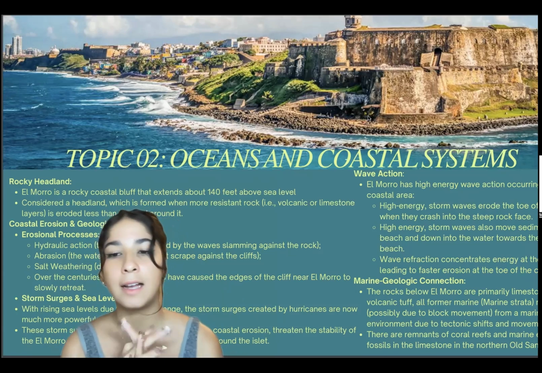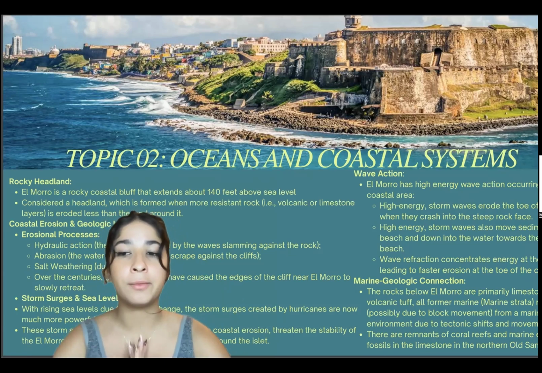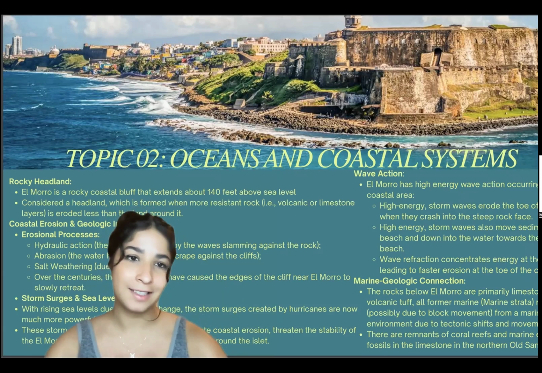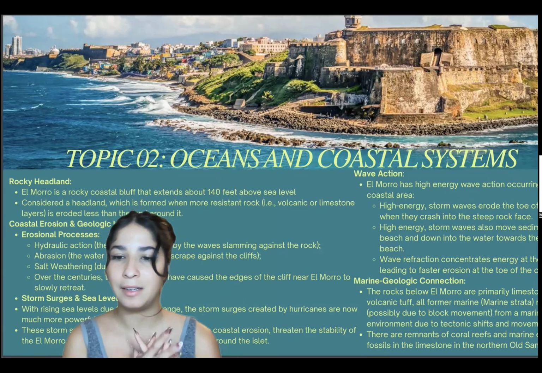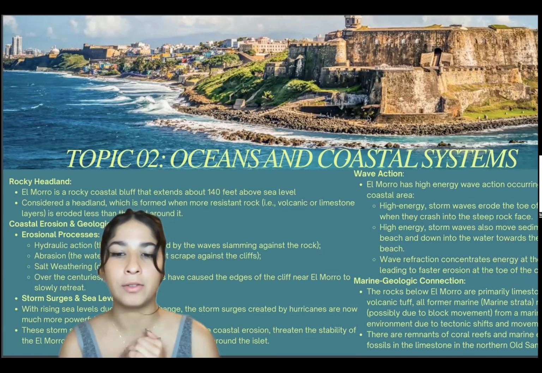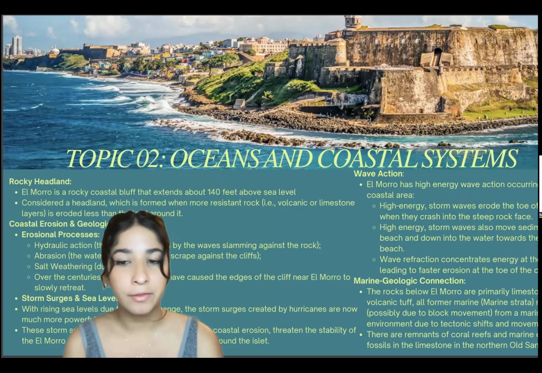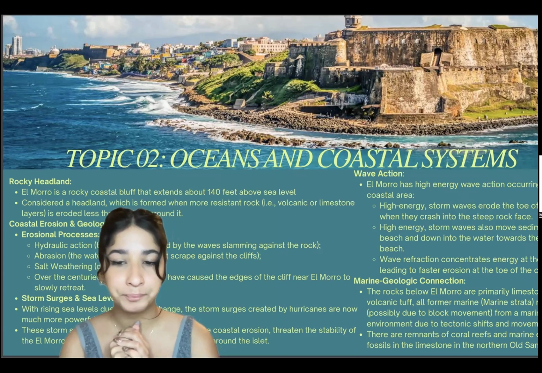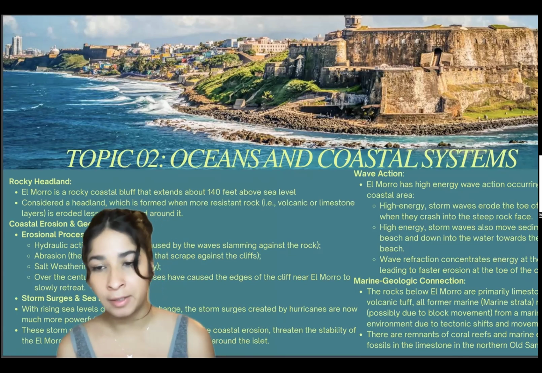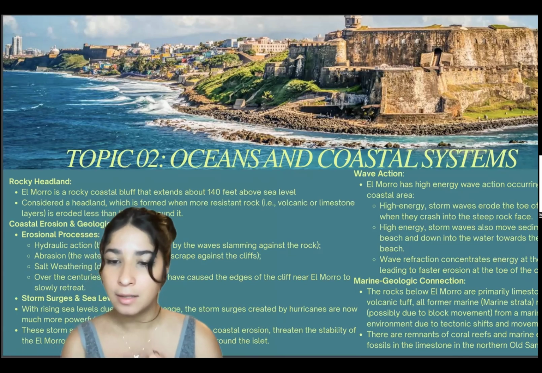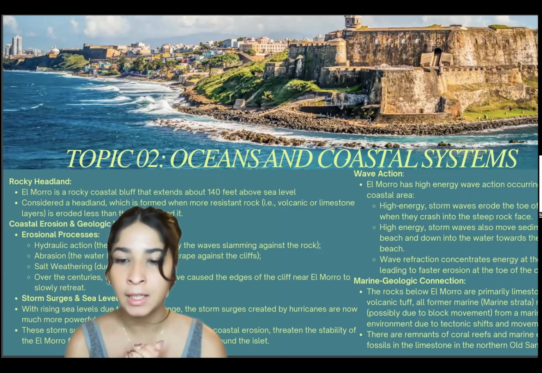It does have very high energy wave action because again, it's in the coastal area that erodes as storm waves also move down the beach, down to the water towards the beach. Wave refraction. The rocks below El Morro are primarily limestone and volcanic tuff, all former marine.